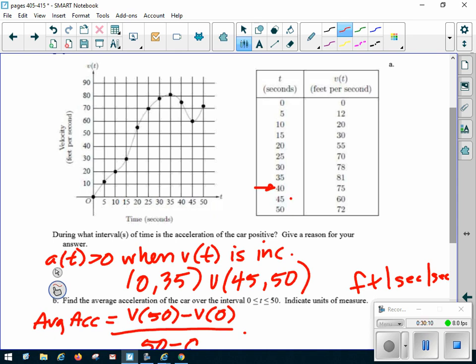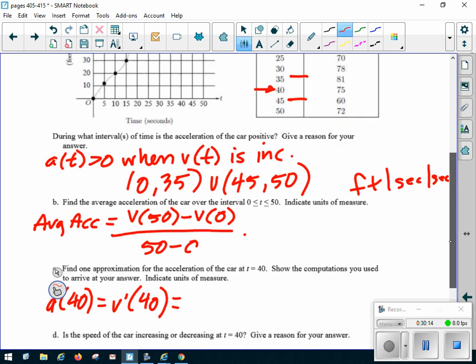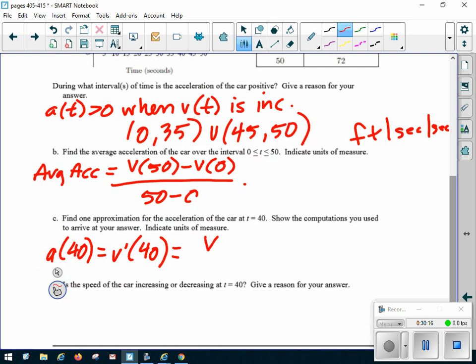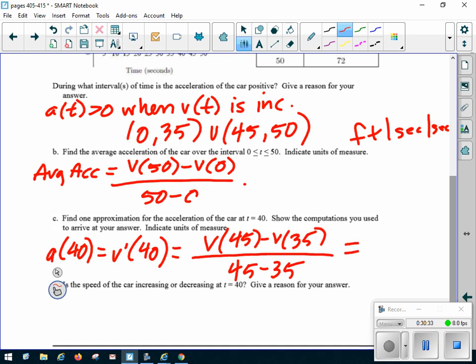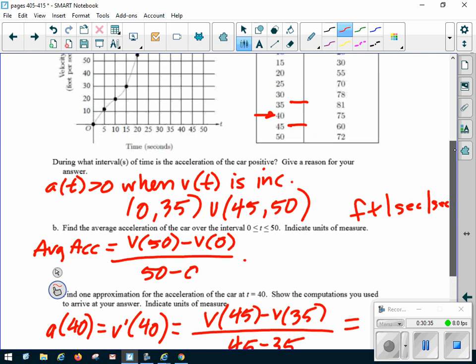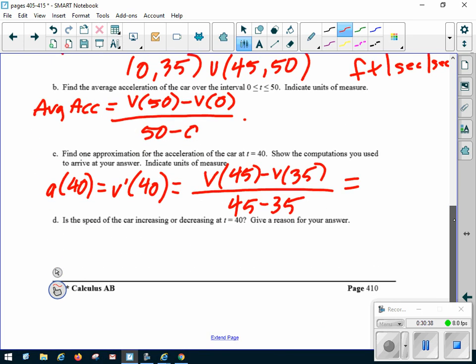Yep. So v of 45 minus v of 35. I'm just an idiot sometimes, but you know that already. v of 45, 60 minus 81, is that right?